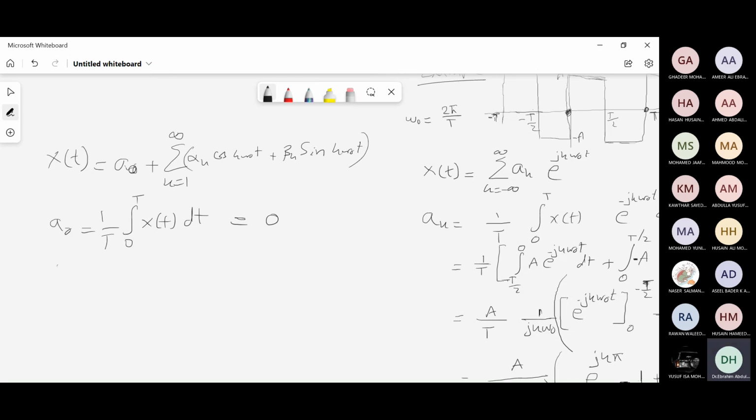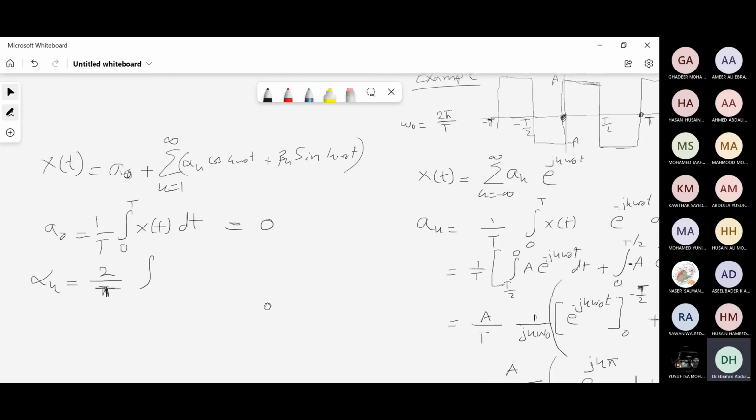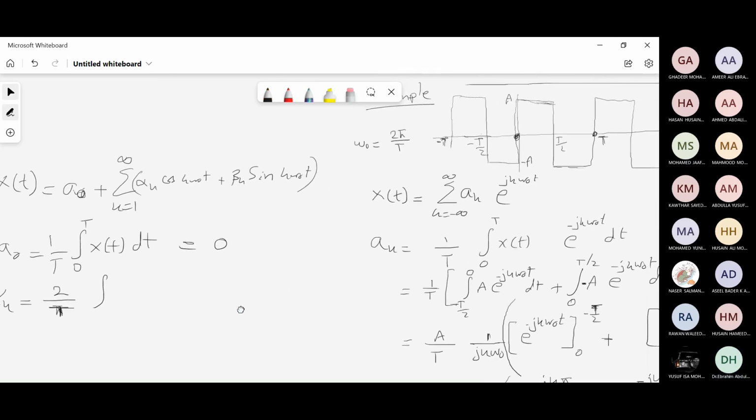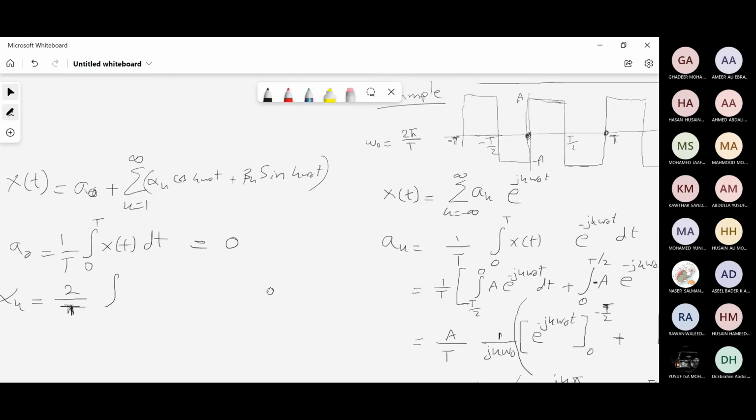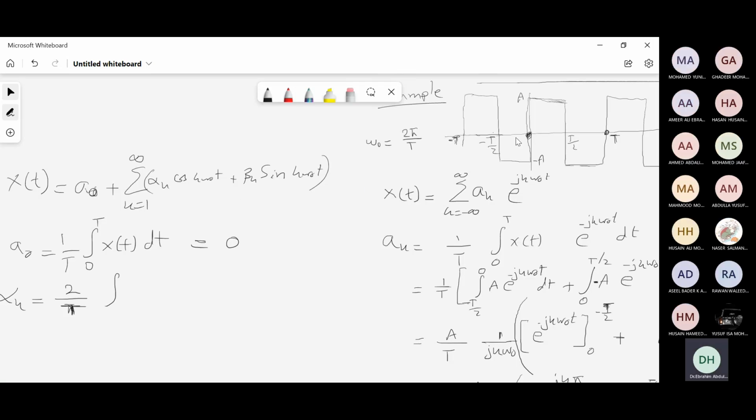Okay, alpha k is equal to 2 over t integration, again one full period, of x of t multiplied by cosine.